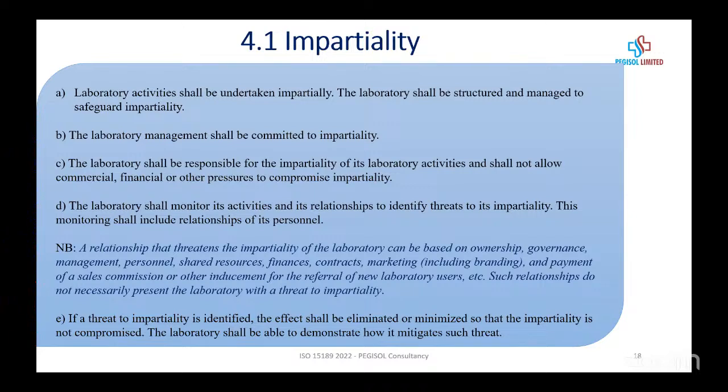That's why I asked what is impartiality. The laboratory shall be structured and managed to safeguard impartiality. The laboratory management shall be committed to impartiality. The opposite of impartiality is partiality. Somebody may say, don't be partial, don't be sentimental, don't have favoritism.